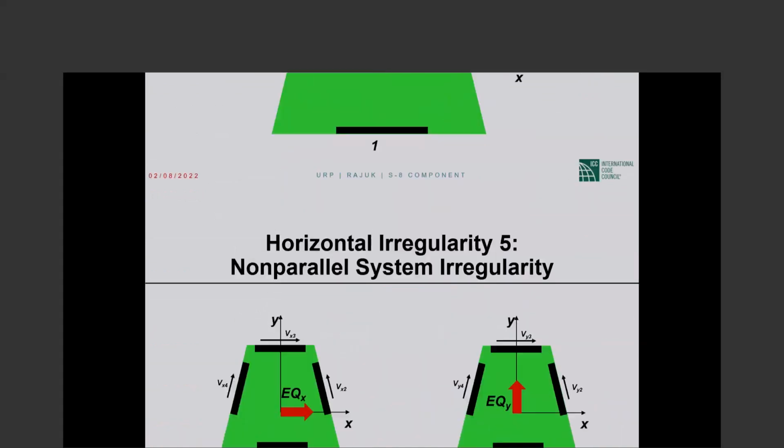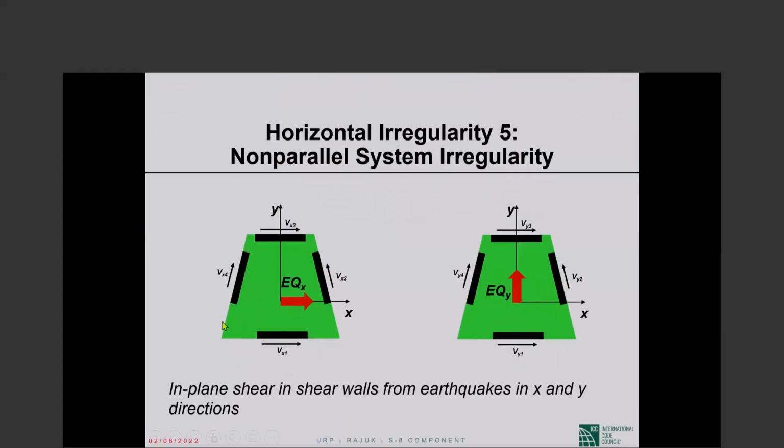4 shear walls. This is earthquake in X direction, causes V sub X in wall 1, V sub X in wall 2, V sub X in wall 3, V sub X in wall 4. Those are shear forces in the walls. The Y earthquake causes V sub Y1 in wall 1, V sub Y2 in wall 2, V sub Y3 in wall 3, V sub Y4 in wall 4.